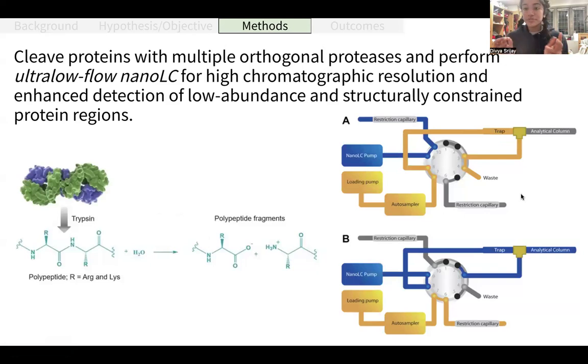In order to achieve the single cell level proteomics and actually get some viable data, we first will achieve ultra deep resolution by cleaving our proteins with multiple orthogonal proteases.